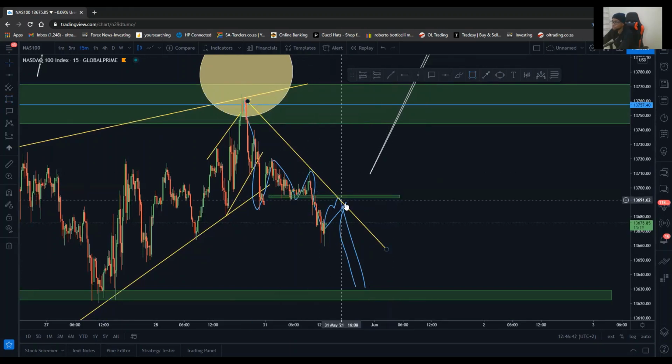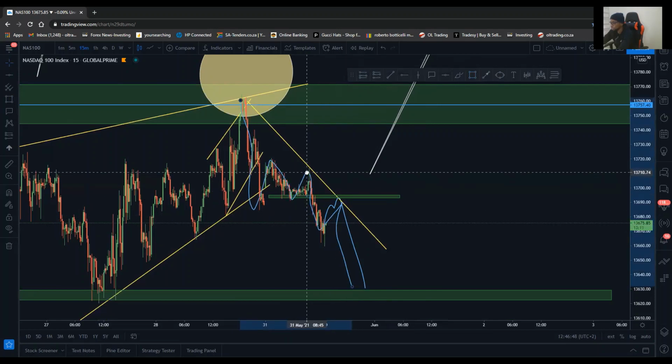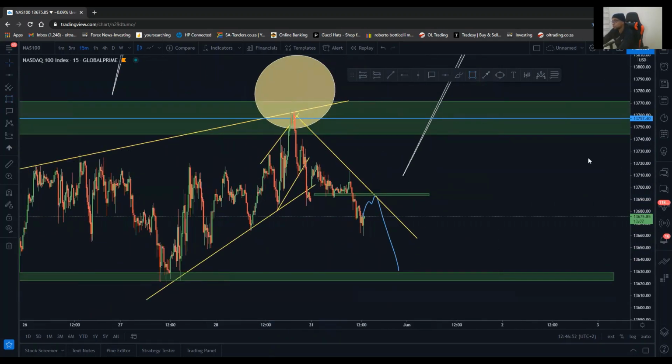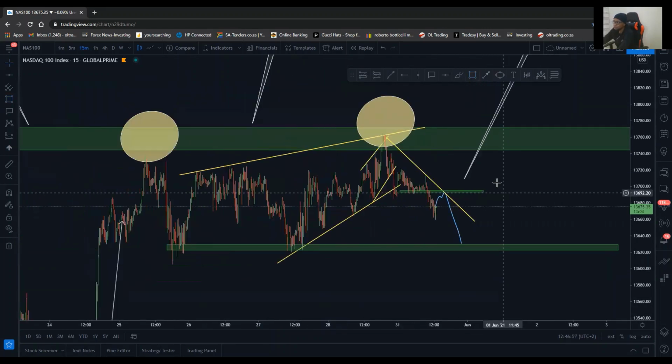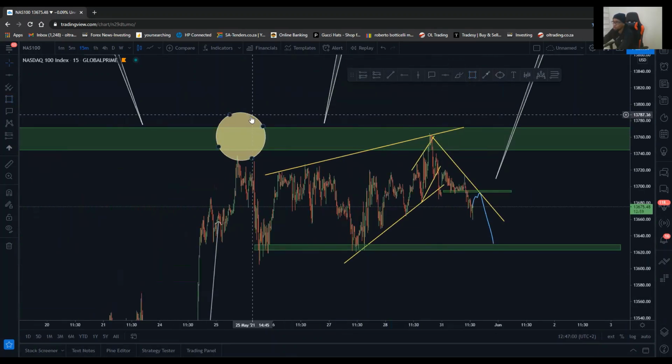Bounce around this level here. So that's just the way, guys, how you can simplify trading the Nasdaq and be profitable without the use of complicated indicators.